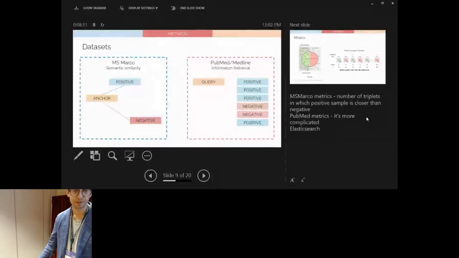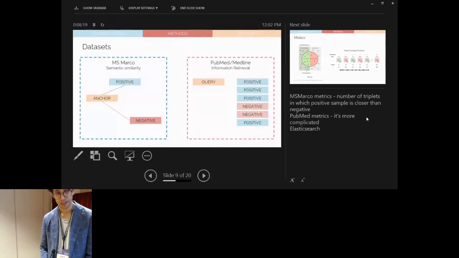And our metric for this dataset is the number of triplets in which the embedding of the positive sample is closer to the anchor than the embedding of the negative sample. As for the problem of information retrieval in PubMed, it isn't so simple because the dataset that we are using is vast.